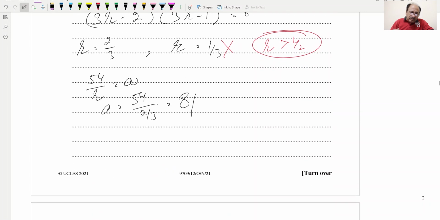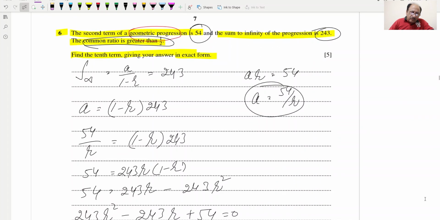Now we can write T10. Basically T10 is required, they are saying find the 10th term.